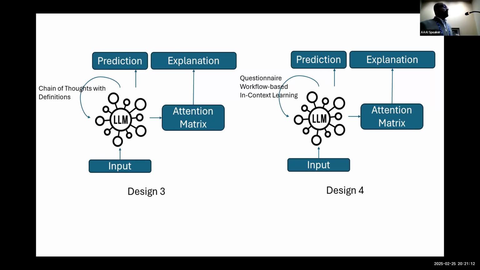The third design is not giving all the definitions at once, but rather giving the definitions in some sort of sequence. Assuming I tell the model, here's a query, give me a prediction and an explanation, and the model gives a wrong answer, then I give it another hint. I give it a hint to the first definition, a hint to the second definition, and so on and so forth.